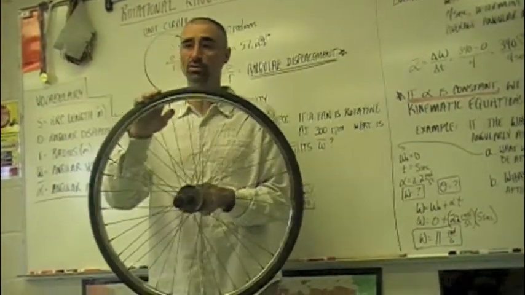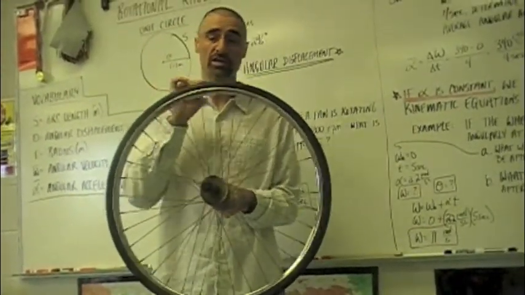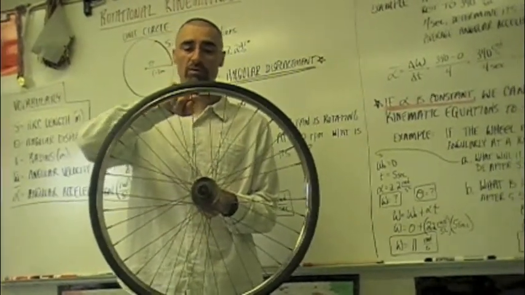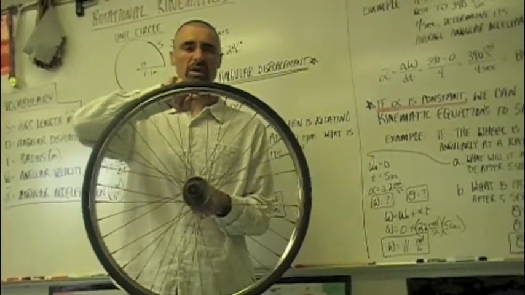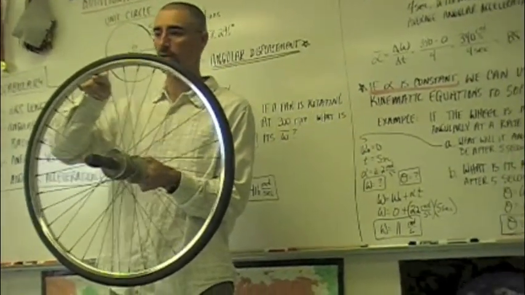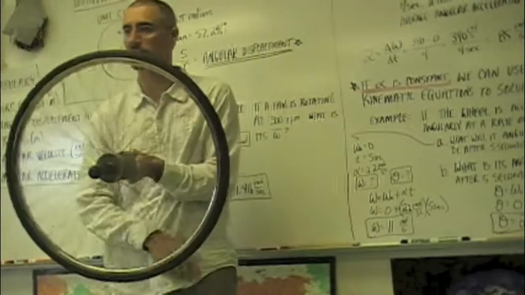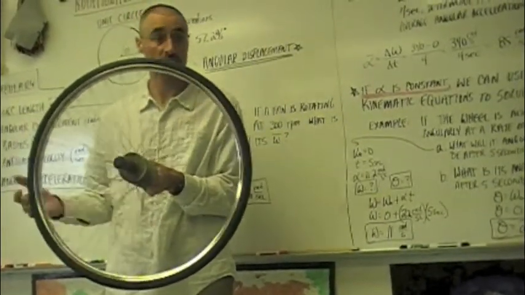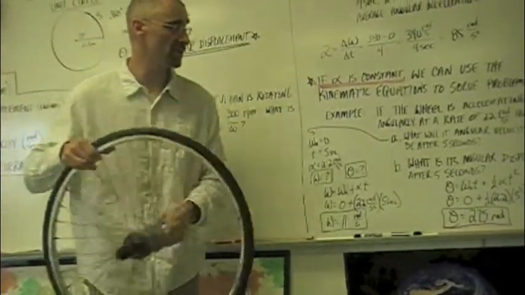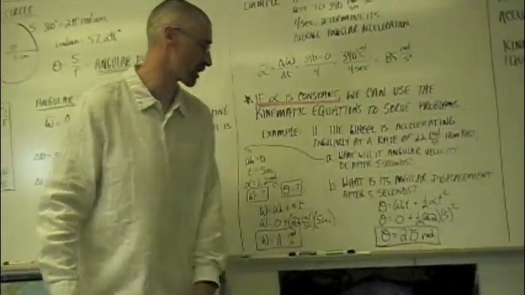We are going to put some sort of torque on this wheel to get it to accelerate. Basically I'm going to put a force on it, and I'm going to make it not very big so you can see it right now. But if I put a consistent force on it, what does the wheel start to do? It starts to accelerate, right? Does that make sense? It's saying its acceleration is 2.2 radians per second squared.